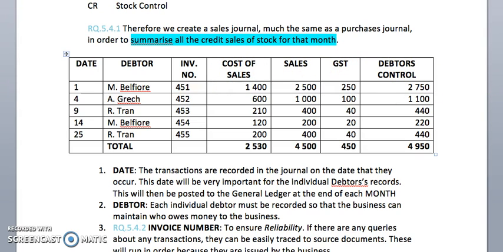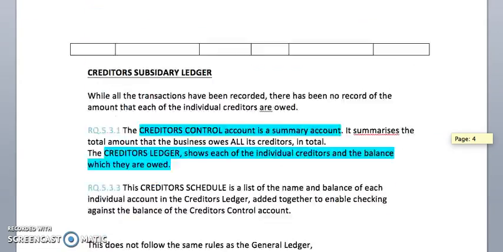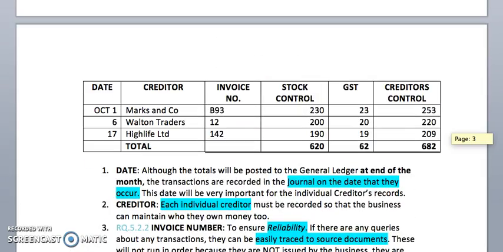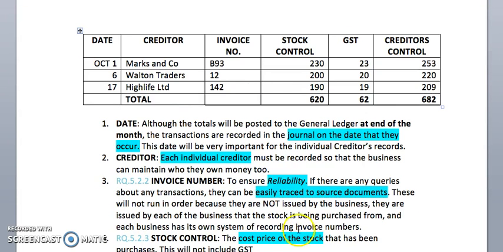Something that I want to point out about the purchases journal too that I didn't. It is in your notes, but I'll just say it quite quickly. When we are looking at these invoices, it talks about it down here as well. They are not issued by the business. These are purchases that we make. Therefore, these invoices are coming from other companies, so they should not be in order.